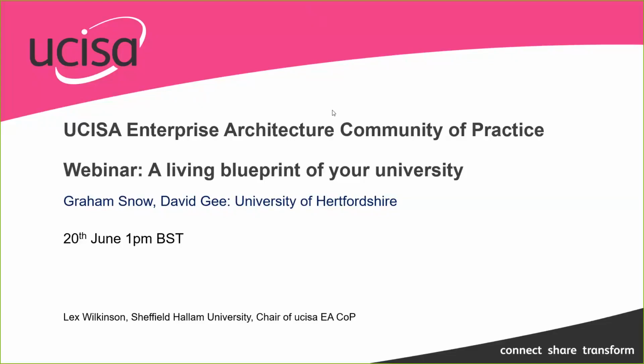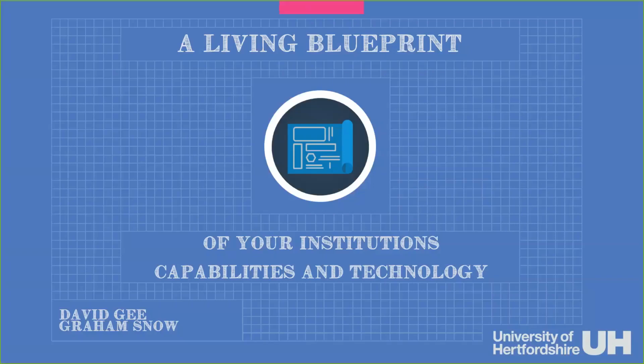We're basically going to go through a journey we've had over the last year or so and show you what we've been up to. This is what we call a living blueprint of our institution's capabilities and technologies.